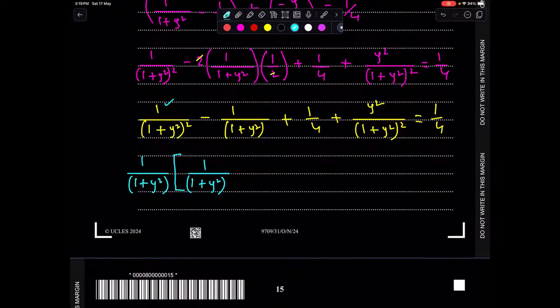We have taken 1 power common, so here we will have just minus 1. This will become y square upon 1 plus y square, that's it. And this 1 upon 4 is here.